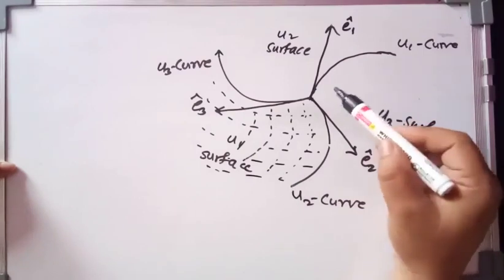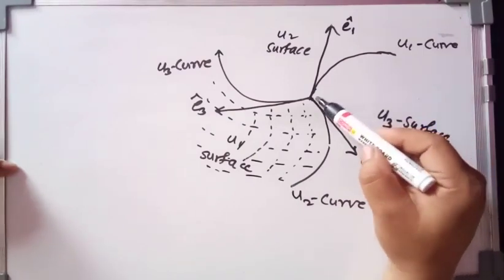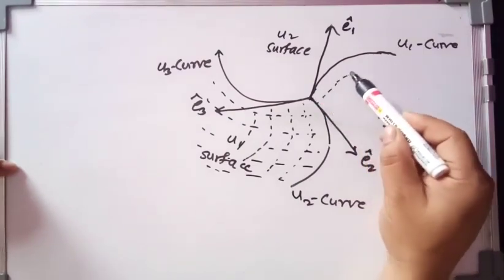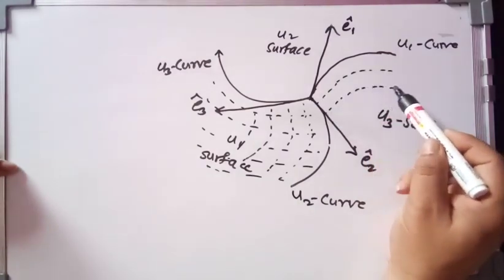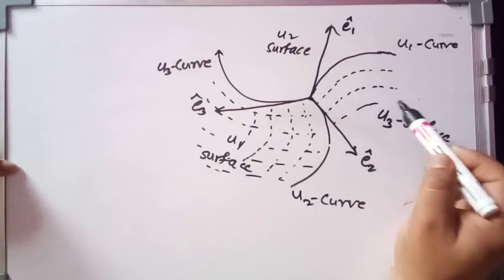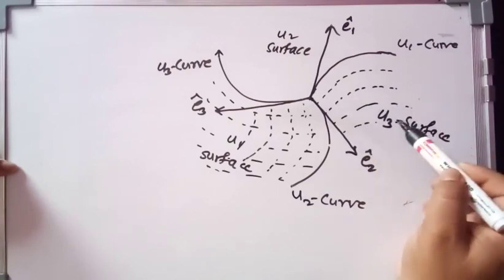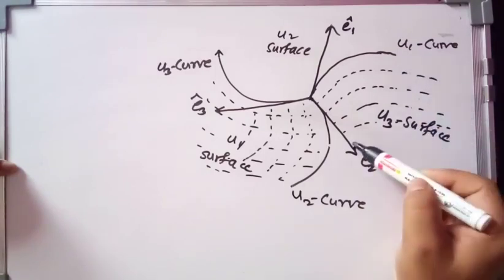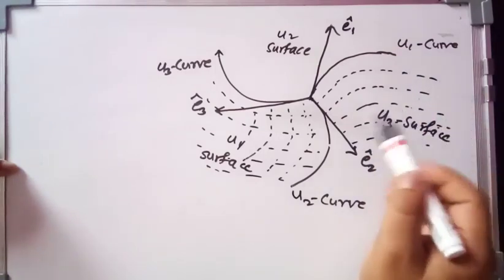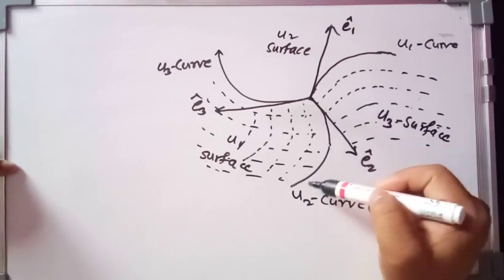Similarly you can draw here. Draw curve parallel to the u1 curve. Draw curves. Then draw again parallel curve to u2 curve here.